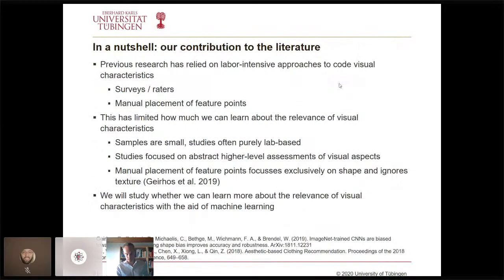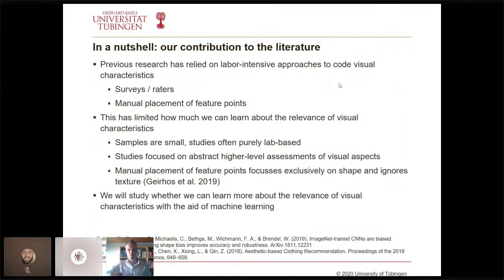So in a nutshell, our contribution is that previous research has relied very much on labor-intensive approaches to code these visual characteristics with surveys and manual placement of feature points, and that has naturally limited how much we can learn about the actual in-the-field relevance of visual characteristics, because samples were typically quite small, like 24 products, for example, and studies often purely lab-based, or they focused on higher-level, abstract assessments of visual aspects.